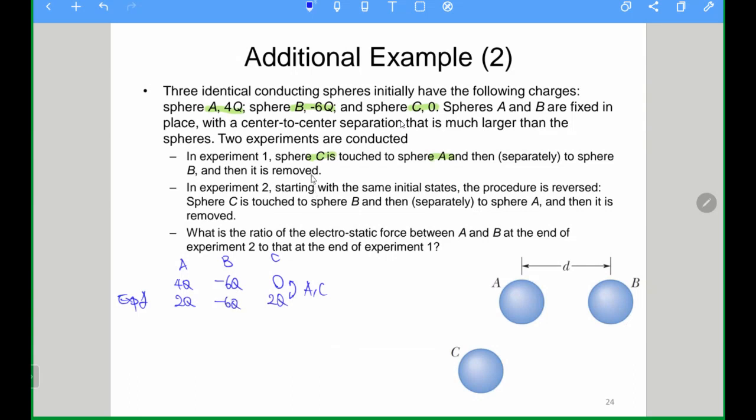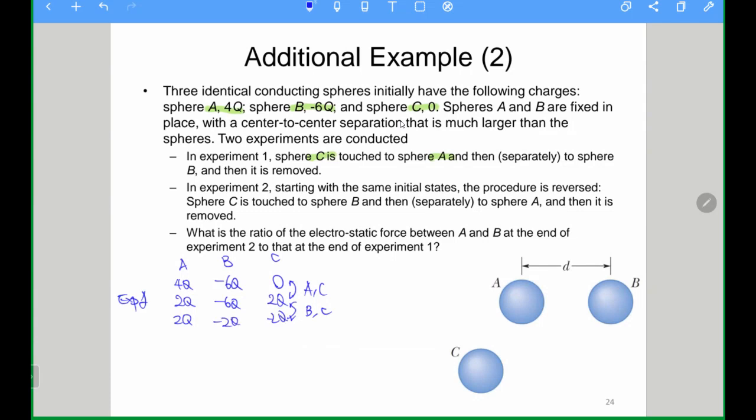And then the second step is to touch C and B, so that A doesn't change. Here, negative 6 plus 2 is negative 4, divided by 2 is negative 2Q, negative 2Q.